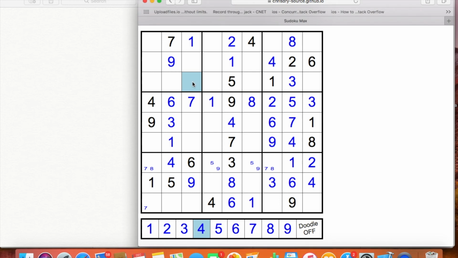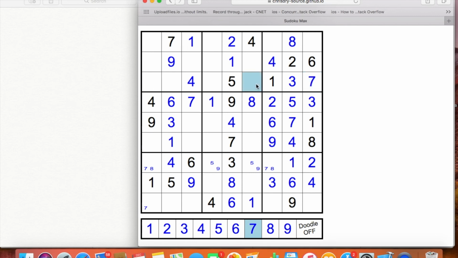Now 4 has to go in this bottom right of the top block. You can see that the 4s from other blocks close it off. And also 7 has to go here because of the 7 at the top there, closing off those squares at the top.